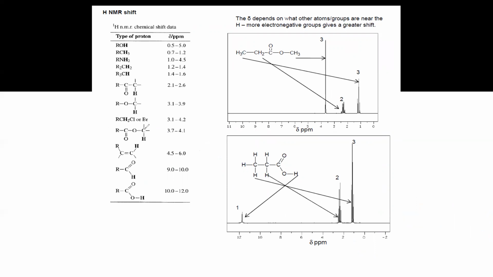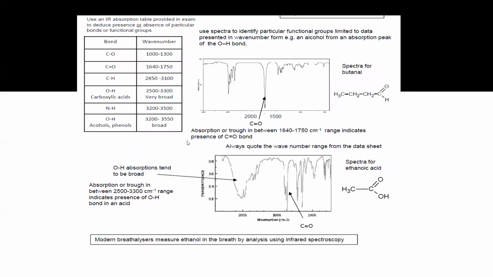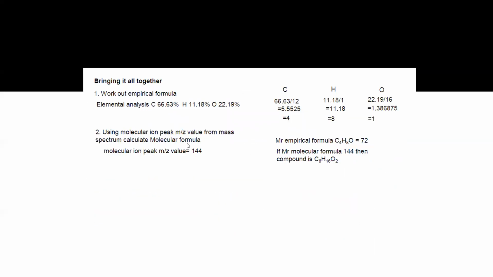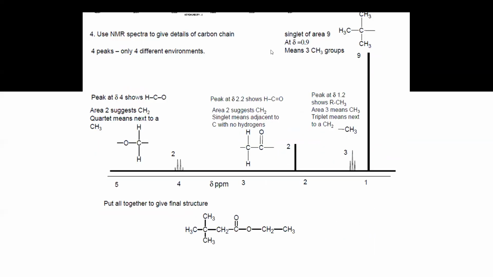When C double bonded with O and CH, that's chemical shift 3.7 to 4.1. When C double bonded with O and CH, it's from 2.1 to 2.6. When CH3 is there, it's 0.7 to 1.2. And there's another one. So this is also CH3, next to that is CH2. That's about 1.2, and the other one is also from 0.7 to 1.2, which is about 0.9.